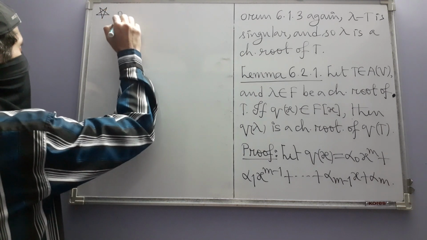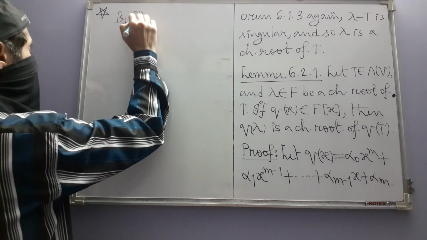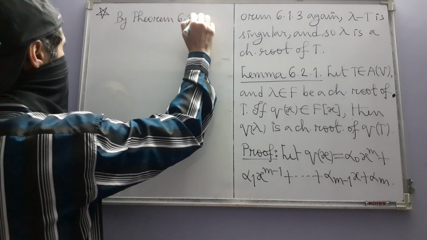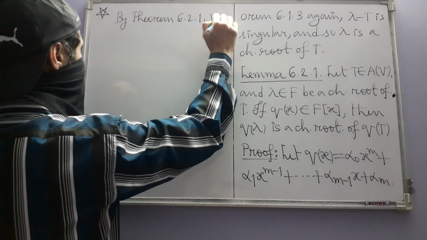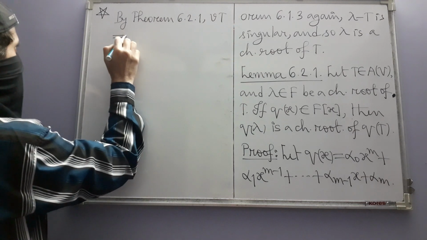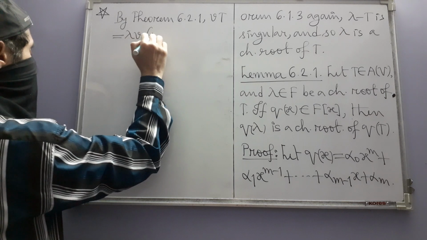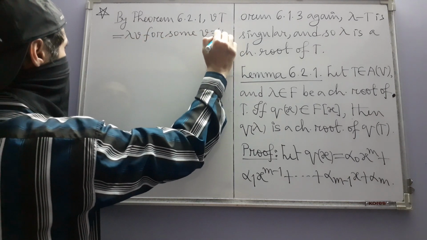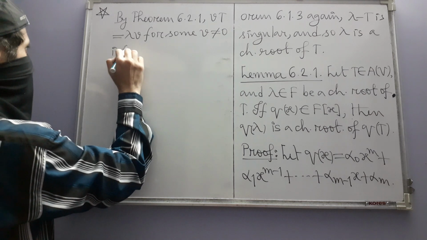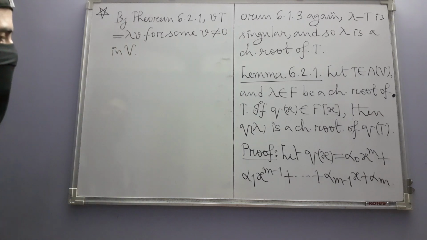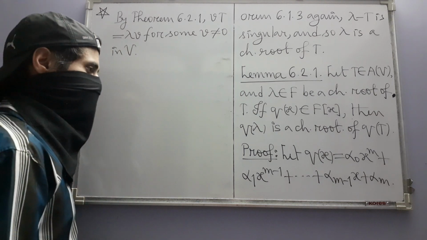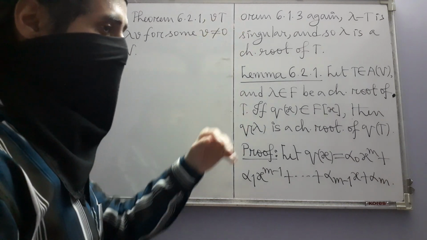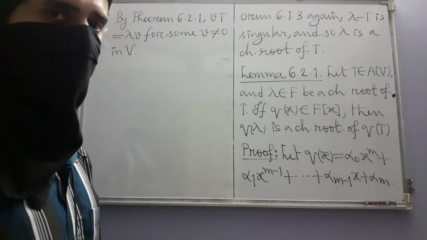By theorem 6.1, vT is equal to lambda v for some non-zero v in our space. Now what we are going to see is the effect of higher powers of T on v.